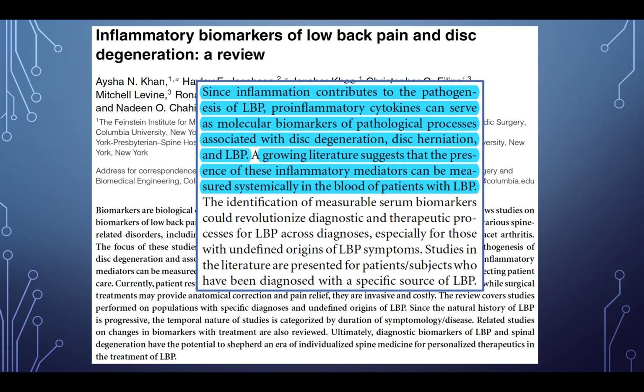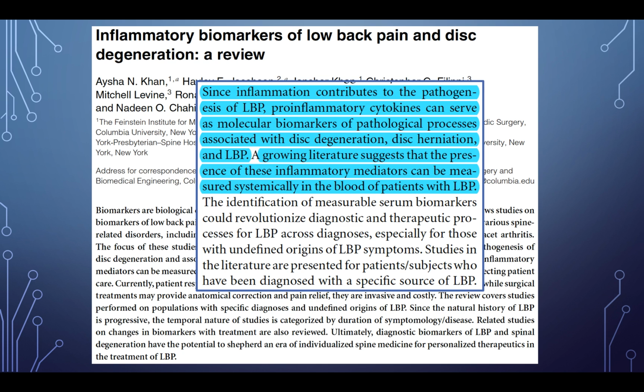Growing literature suggests that the presence of these inflammatory mediators can be measured systemically in the blood of patients with low back pain. That was the one thing I noted doing my own research on this. Inflammation causes pain, so I would think that inflammatory markers would be elevated in patients with pain.